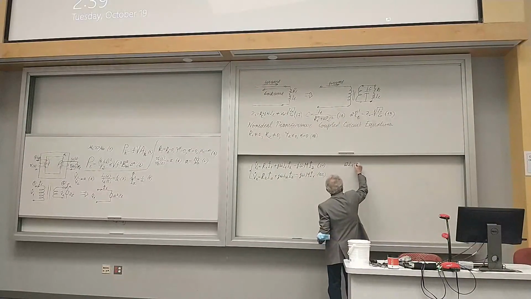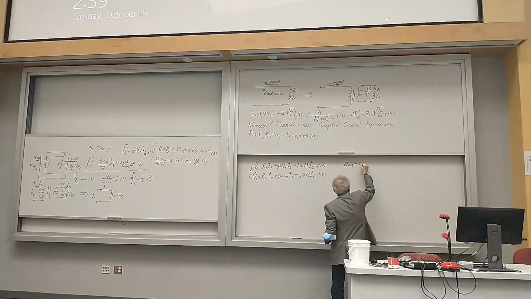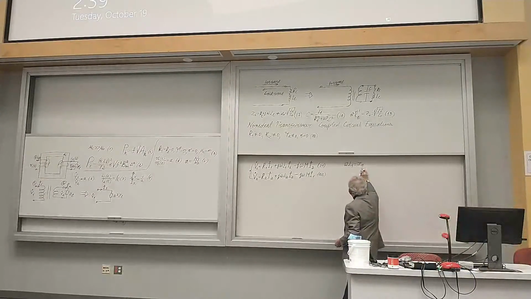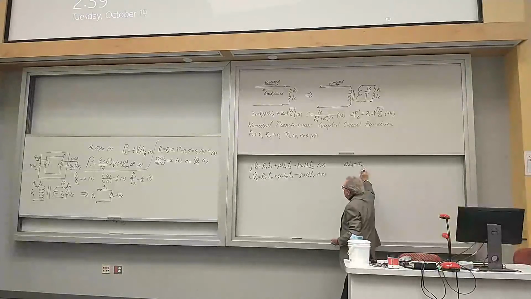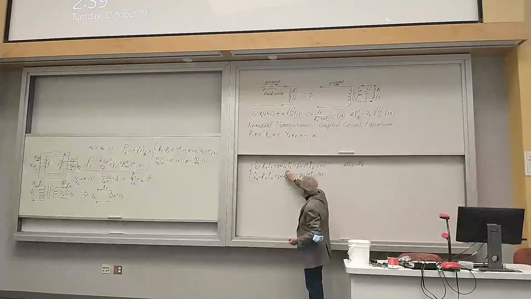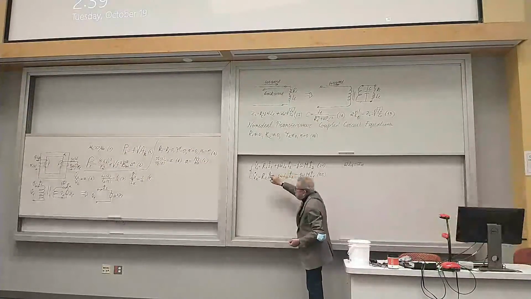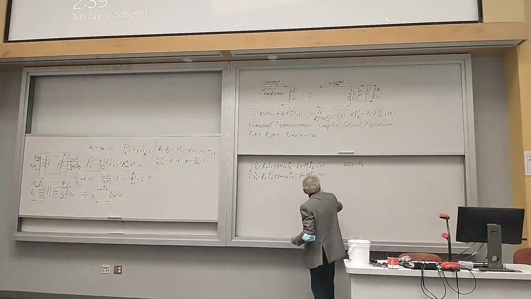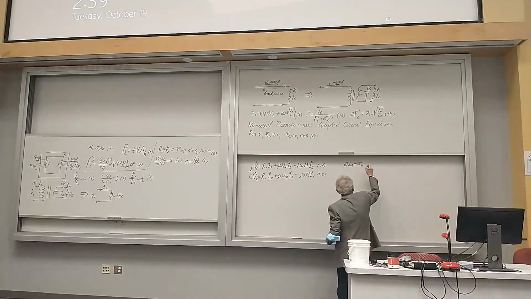Omega L1 is what we'll call the primary reactance. We use here subscript 1, 1 because it represents the voltage which is induced by the primary current in the primary winding.